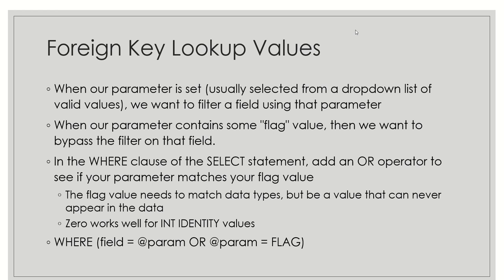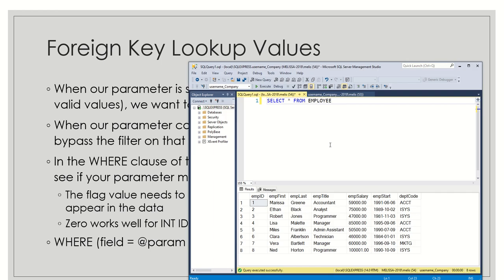Let's start with foreign key lookup values. So when the parameter is set, we want to filter a field using that parameter. The goal here is to filter employees by departments. So department code is going to be what we're using to filter employees by department. I'll bring up our employee table here.